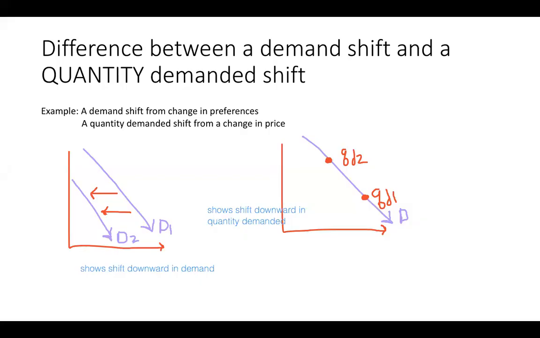Okay, so with these graphs redrawn, this first graph is showing that downward shift in demand, whereas this right-hand graph is showing a downward decrease in quantity demanded. On this right-hand graph, if we go all the way down, we see on our x-axis where we have quantity, the quantity demanded at each point, quantity 1 here decreases to quantity 2. So we see a downward shift in quantity demanded in this right-hand graph.